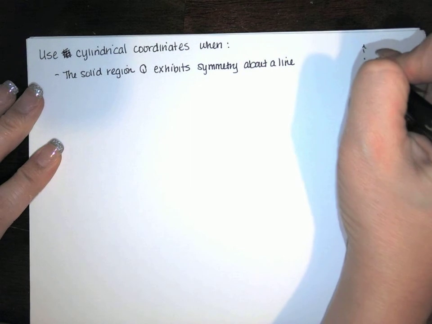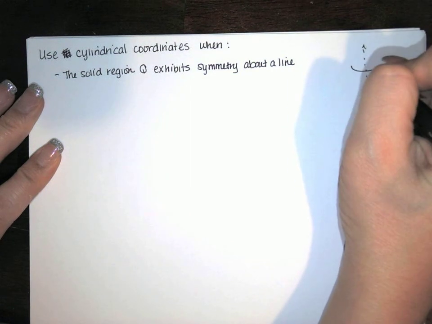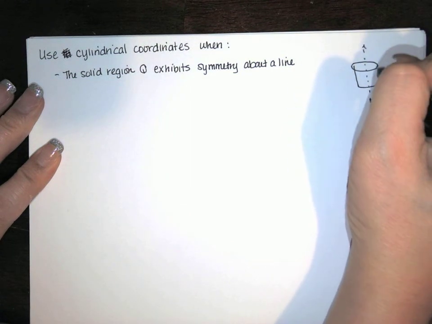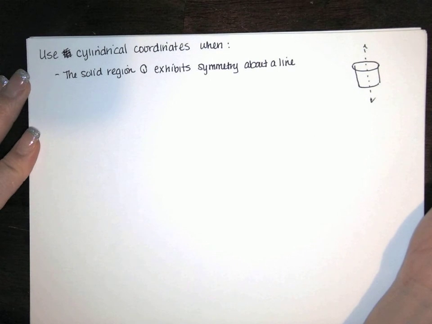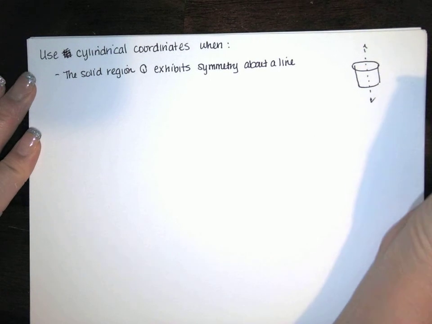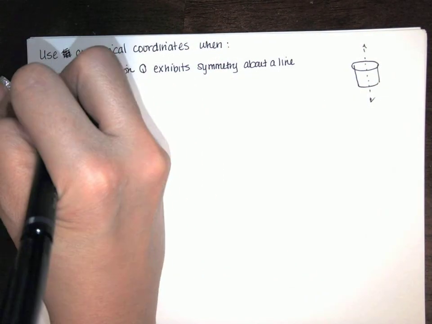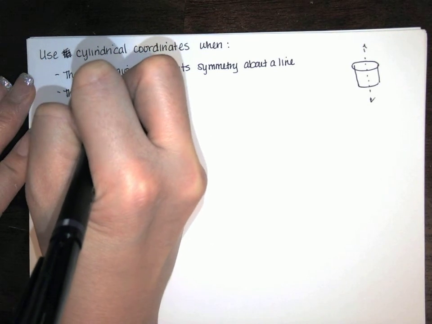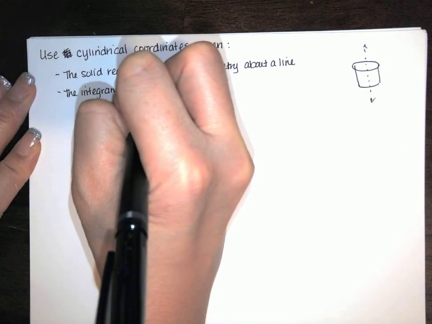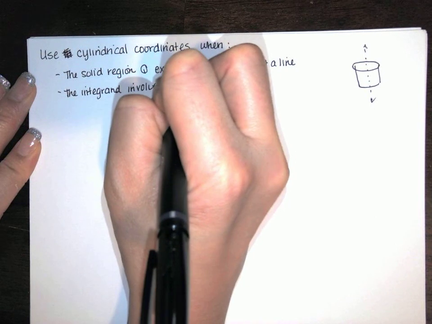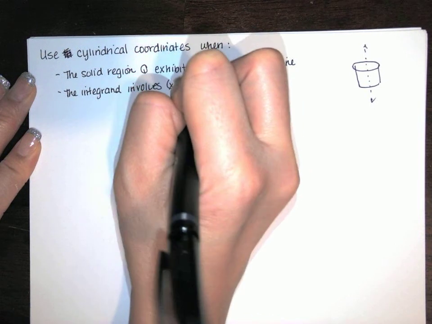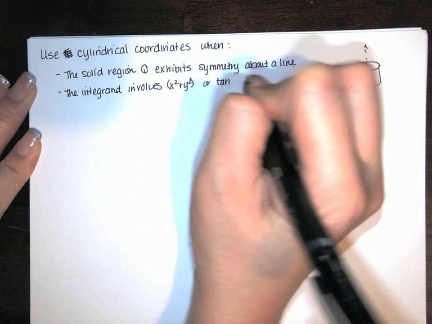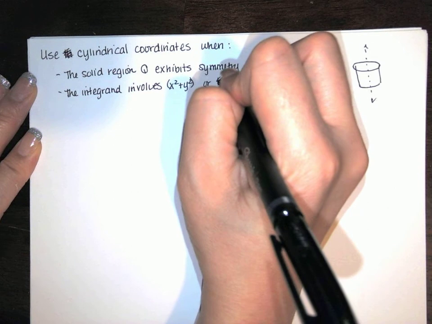Kind of like a cylinder exhibits symmetry about a line, you might want to be in cylindrical coordinates. You might use cylindrical coordinates when the integrand involves x squared plus y squared, or tangent, or y over x, excuse me.